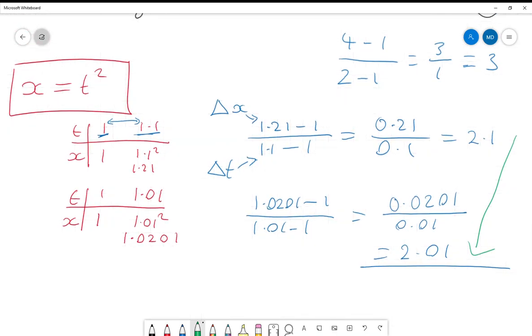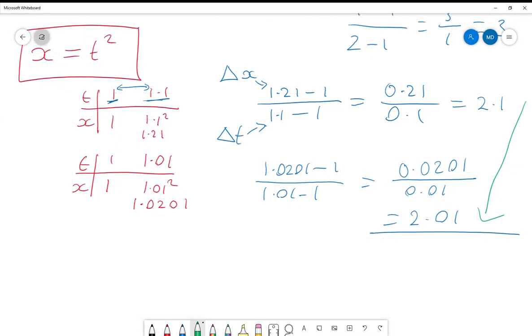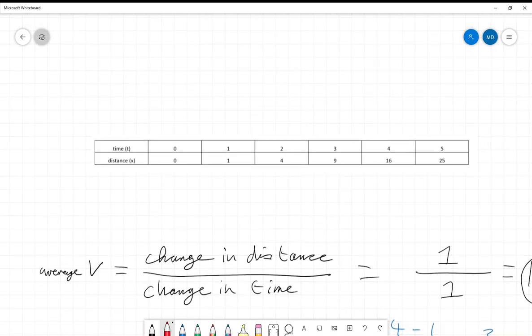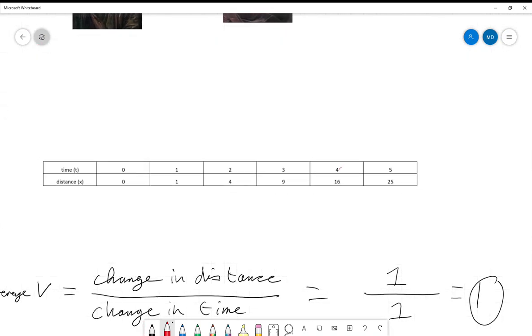And now we know that, we can do that with another one. What if we wanted to know the velocity at time t equals 3? Again, we could go to the top and ask, what's the difference between there? It appears that 4 take away 3 is 1, so our time difference is 1, and 16 take away 9 is 7, but that's the average between these 2 points, not the one at 3.